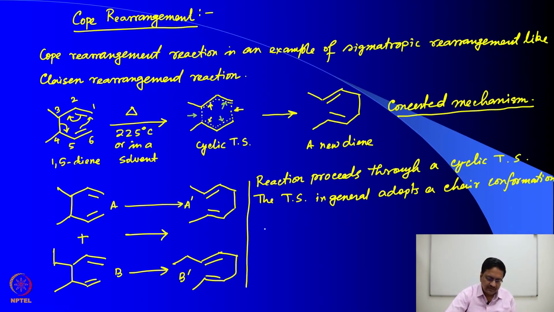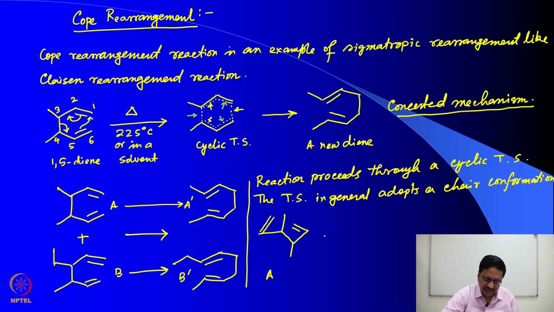If I draw the diene slightly differently, this is the diene molecule A drawn slightly differently.